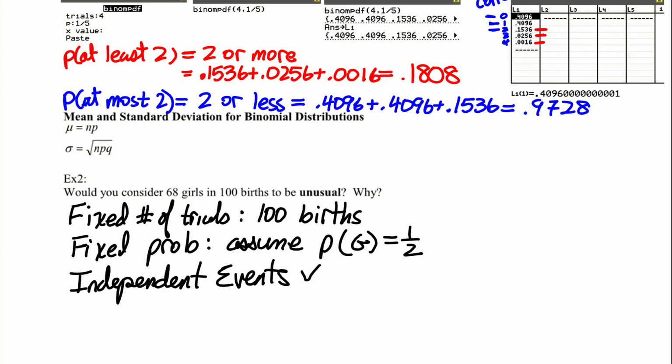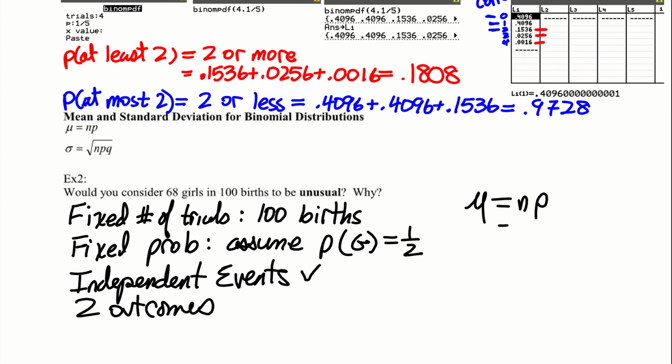That is a check mark. And two outcomes. All right, so mu is equal to NP.